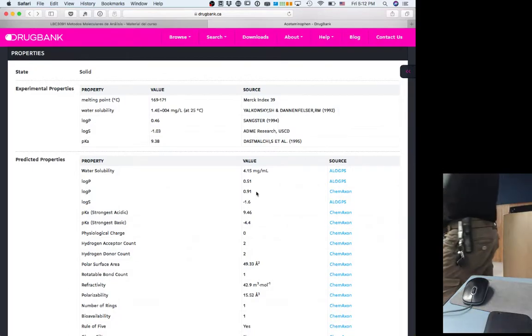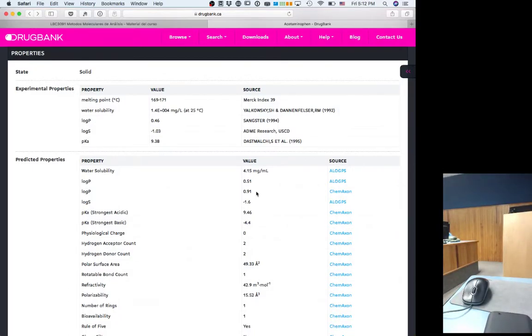What is log P? Log P is an equation, a constant similar to the pKa because it uses logarithms, and it relates, if you place this substance at a water and another organic solvent interface like octane, how much of this compound is gonna prefer to stay in water versus staying in octane, right?